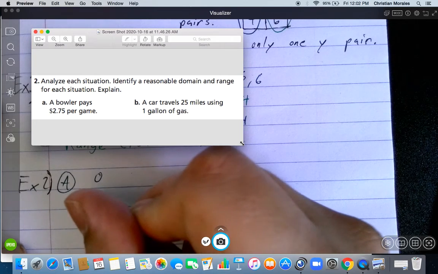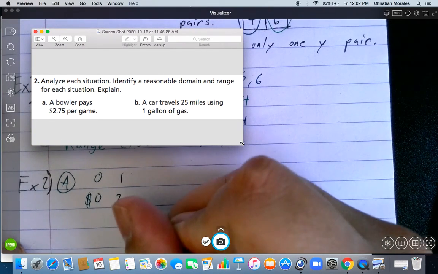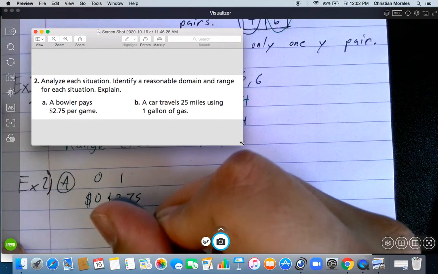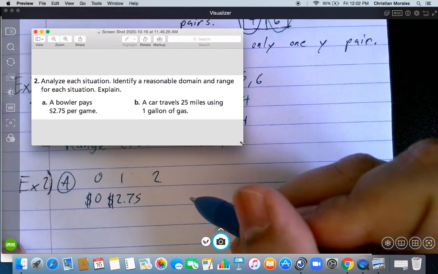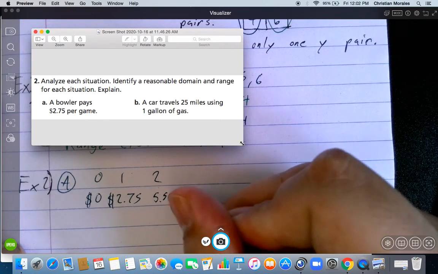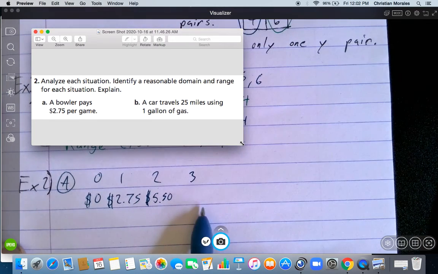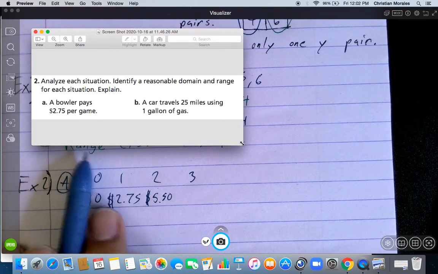That's $0. But if you go bowling once, you're going to pay $2.75. If you go bowling twice, you have to pay for 2 games. That would be $5.50. And if you play for 3 games, it would just keep getting more expensive, $2.75 per game.